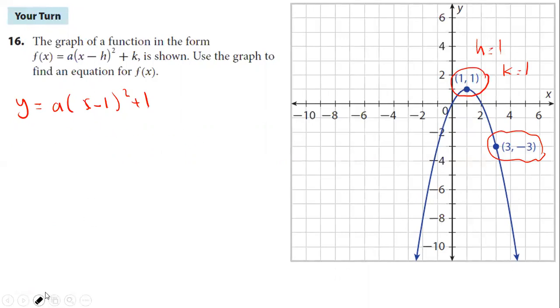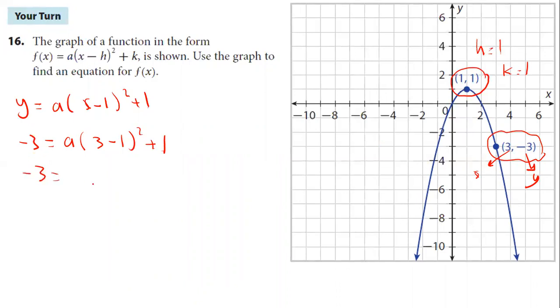We have to use the value of the second point here. This is x and this is y. So negative 3 equals a multiply (3 minus 1) power 2 plus 1. So this is x, 3, and this is y.